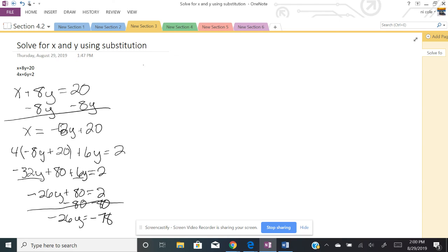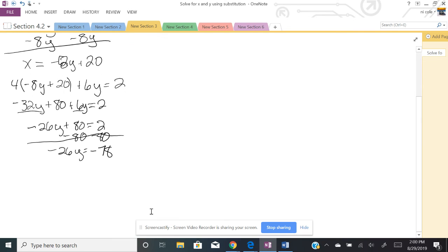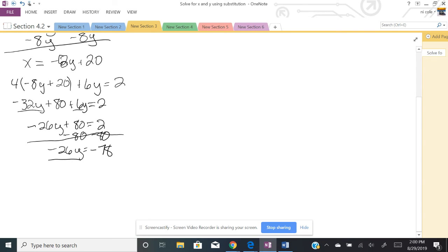Okay, now I'm going to divide by negative 26. Divide by negative 26. Note that is a negative and a negative, so that always makes a positive. And that is a positive 3.